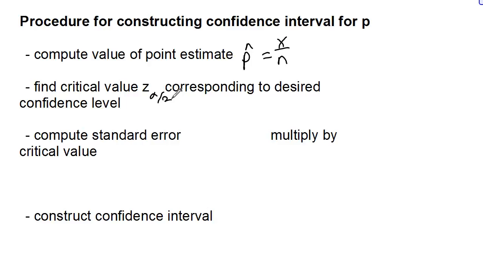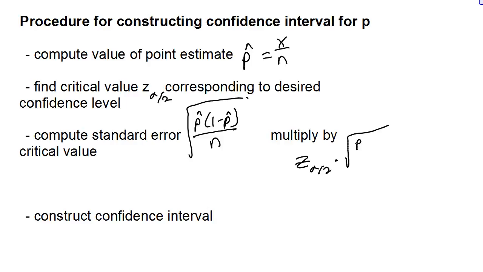We compute the standard error, which recall I just said was the square root of P hat times 1 minus P hat divided by N. And we multiply that by the critical value. This will give us the margin of error. So z alpha divided by 2 times the square root of P hat 1 minus P hat all over N. That gives us that margin of error.